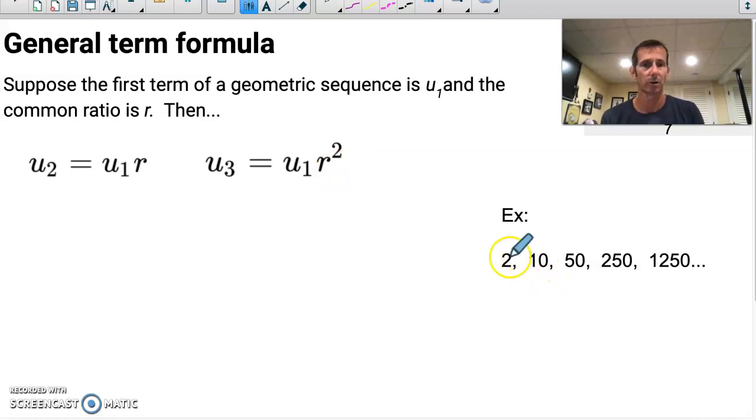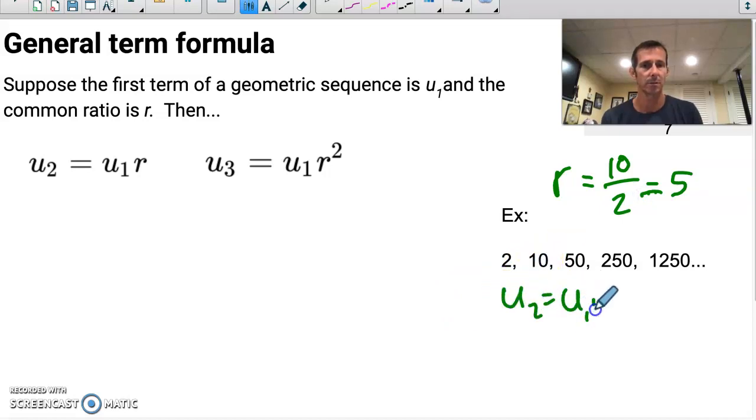And again, if you're not sure about that, if we look at our example, my ratio on this is 10 divided by 2, which is 5. And so the second term, if we use our formula, is the first term times r, so that would be 2 times my ratio of 5, that's 10.